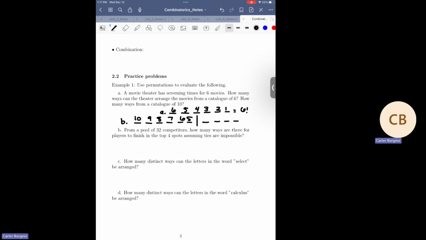And what we're looking at left is the movies that didn't get selected. If we're thinking about ordering the movies that didn't get selected here, how many could fill this first I wasn't selected spot? We have 4 options for what could go there. How many could fill the second I wasn't selected spot? That would be 3, and then 2, and then 1.